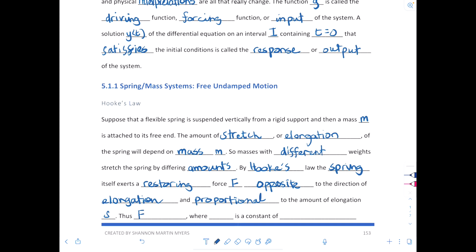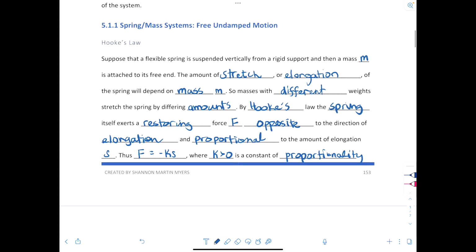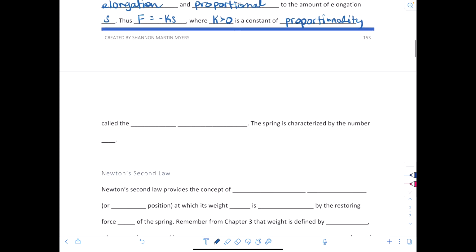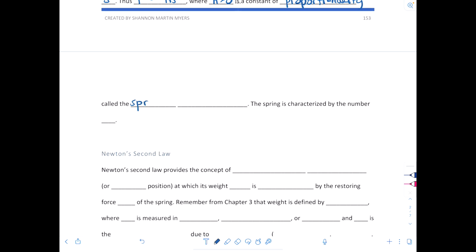Thus, F is equal to negative k times s, where k greater than 0 is a constant of proportionality, called the spring constant. The spring is characterized by the number k.